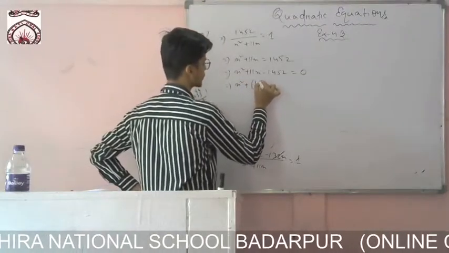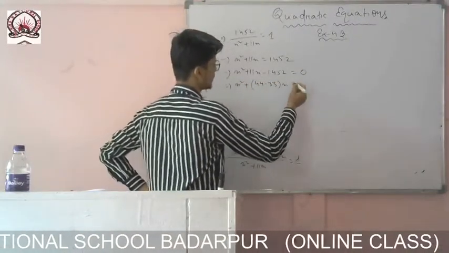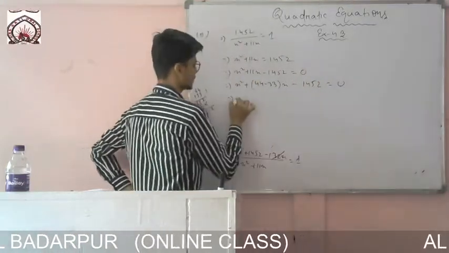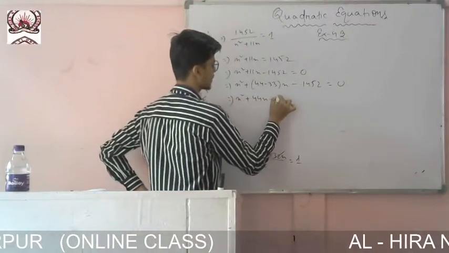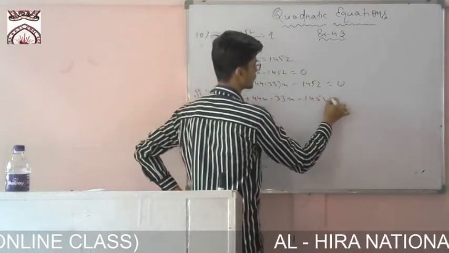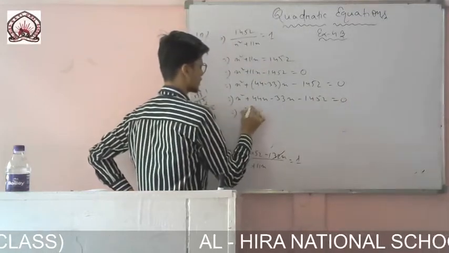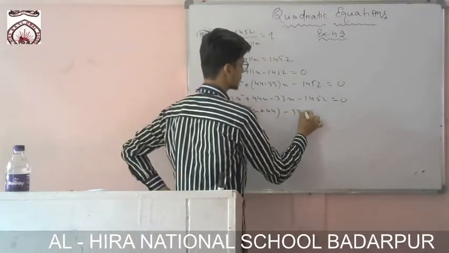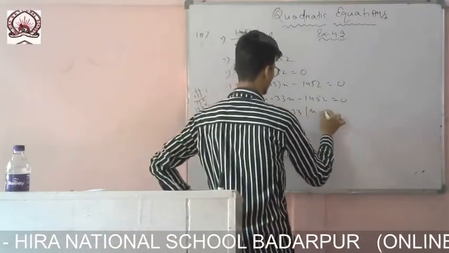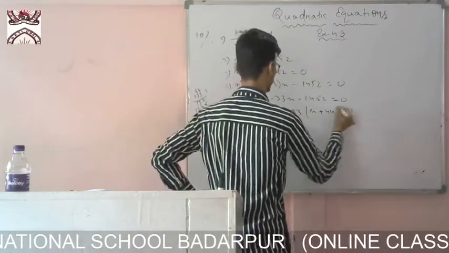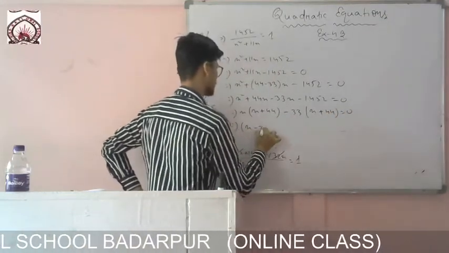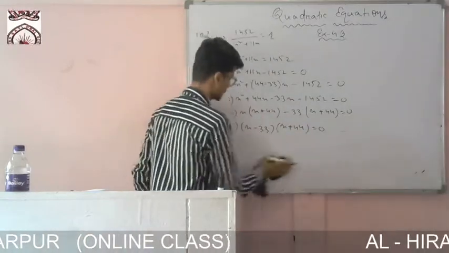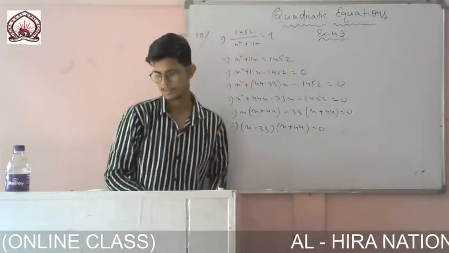X square plus 44 minus 33, it will be 11, and 44 into 33 is 1452, which will be equal to 0. So x square plus 44x minus 33x minus 1452 equals 0. So x will be common, so x plus 44 minus 33 will be common, and there it will be x plus 44. So it will be x minus 33 and x plus 44 equals 0.